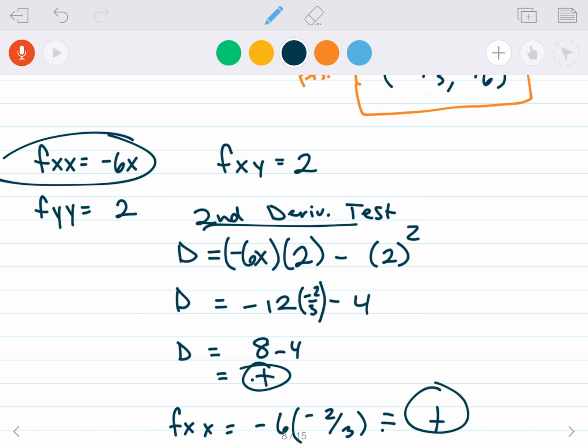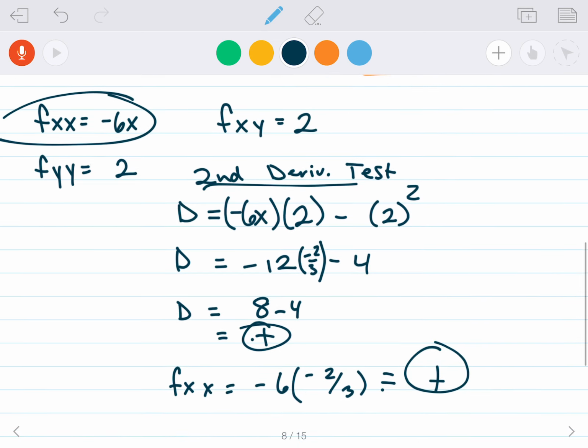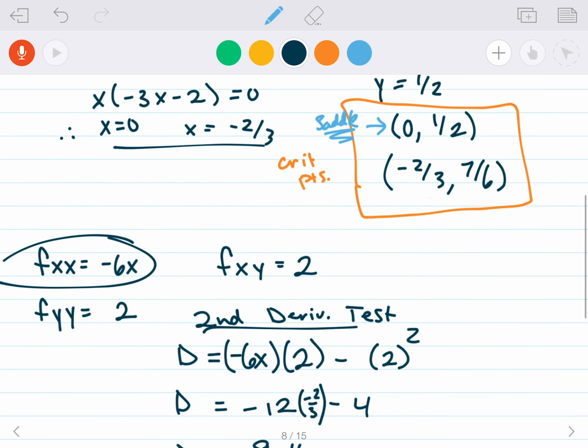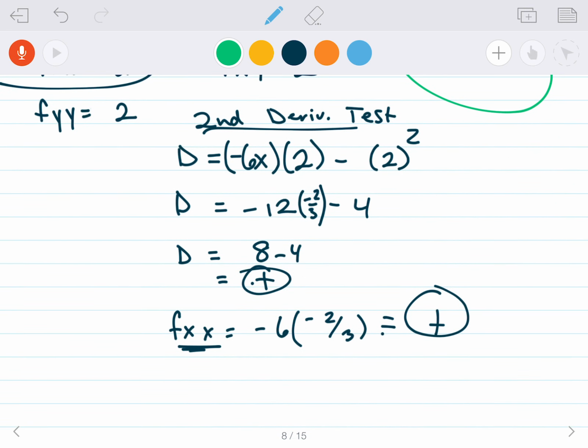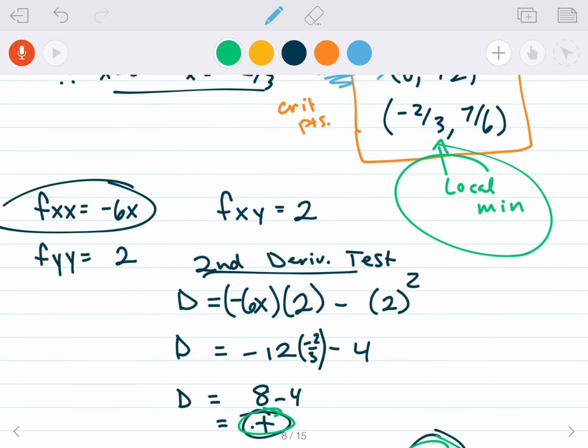So since D is positive and also the second partial with respect to x is positive, we know that negative 2/3, 7/6 is a local minimum. And that was by what we did in the last lecture.